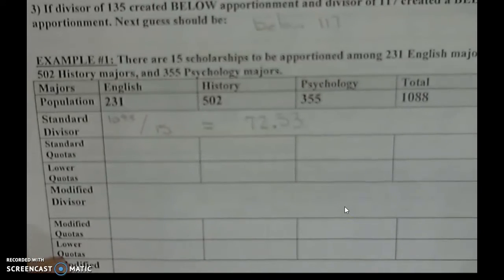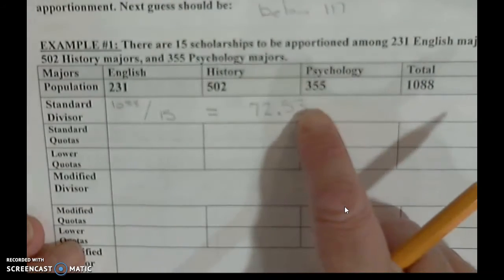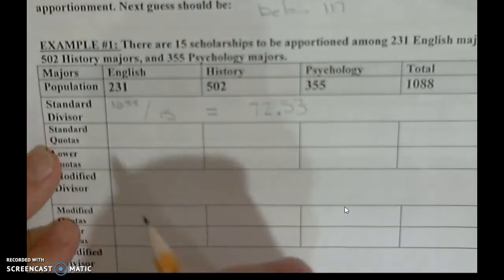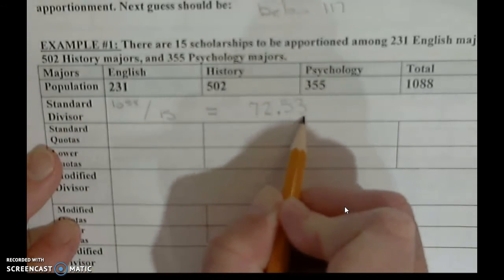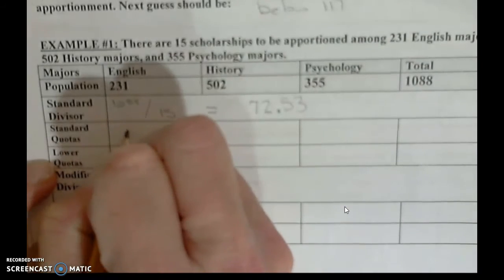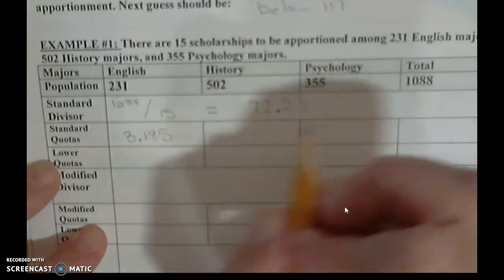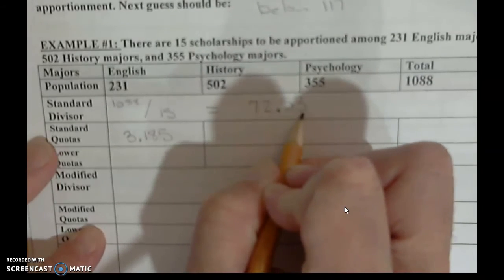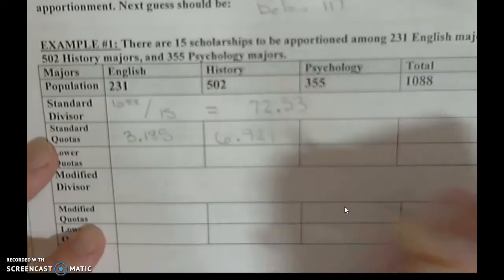And then we find our quotas. How do we find our quotas again? We take our population divided by the standard divisor, and that gives me my standard quota. So 231 divided by 72.53 gives me 3.185. 502 divided by 72.53 gives me 6.921.